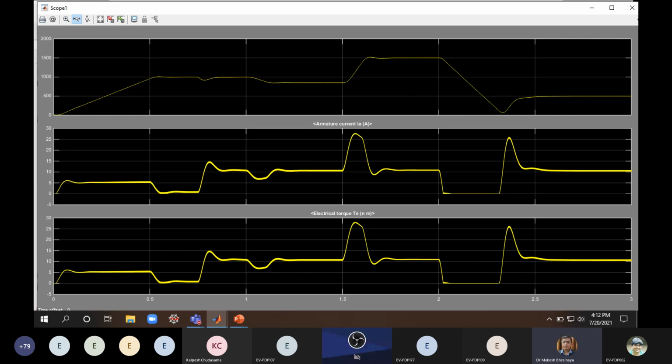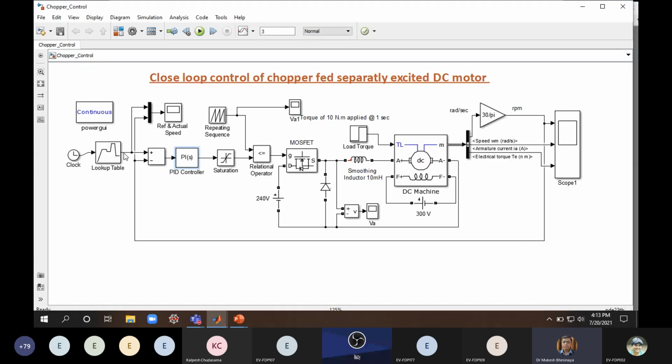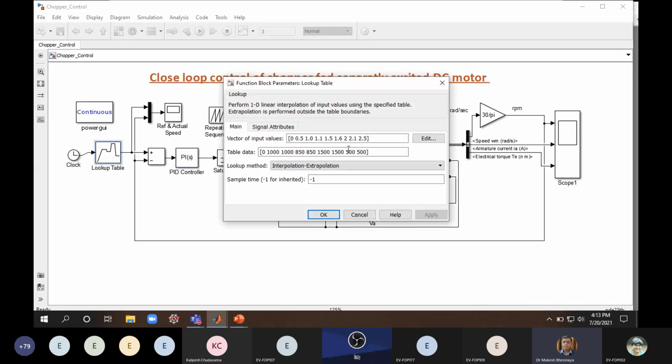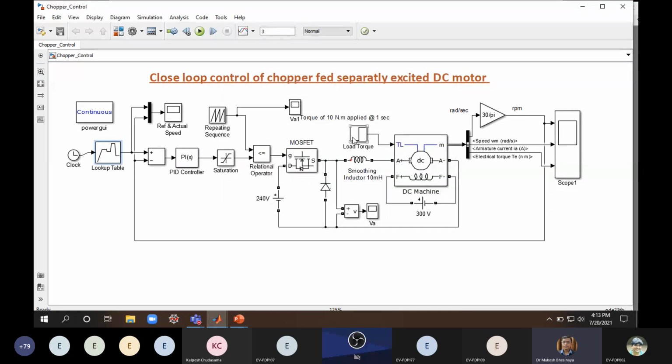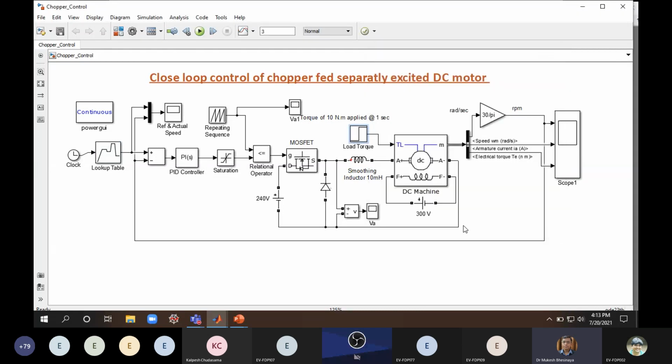This is what I have done in this simulation: I have applied various changes in the speed as well as some changes in the torque. Based on the study that you are carrying out, you can apply different signals to the system and see the performance of the system.